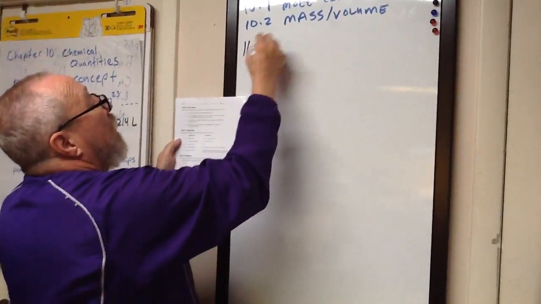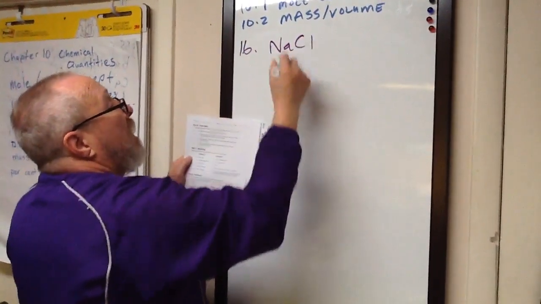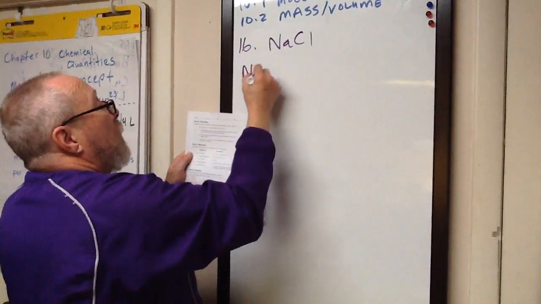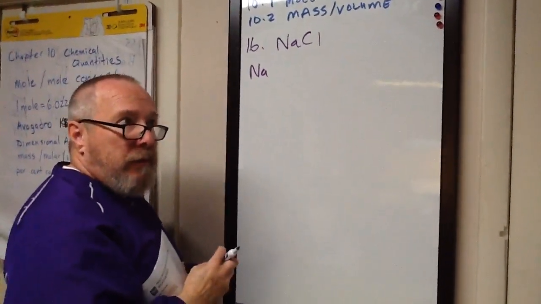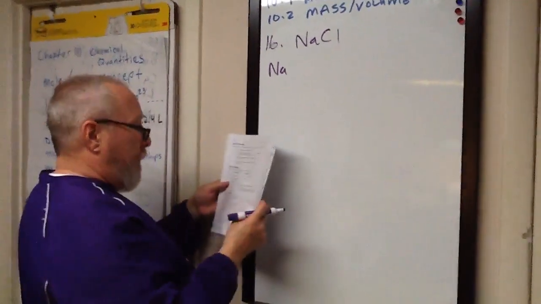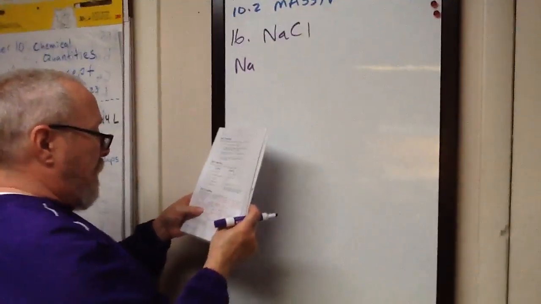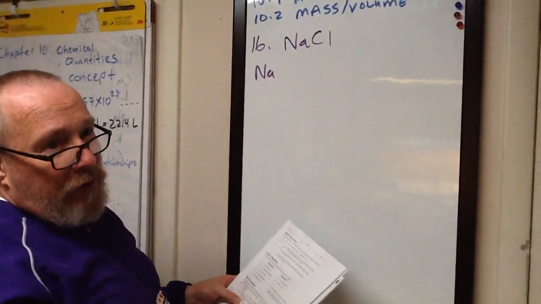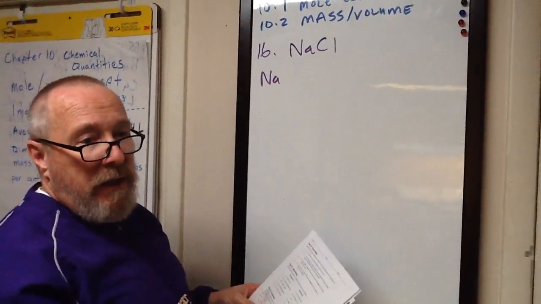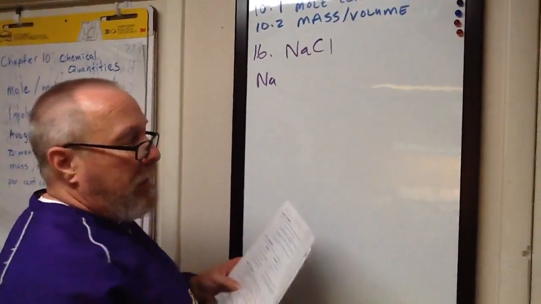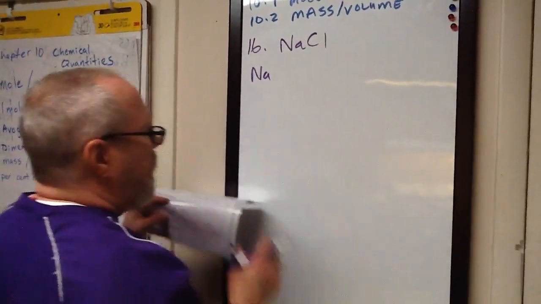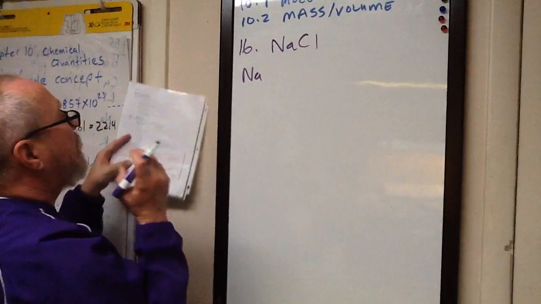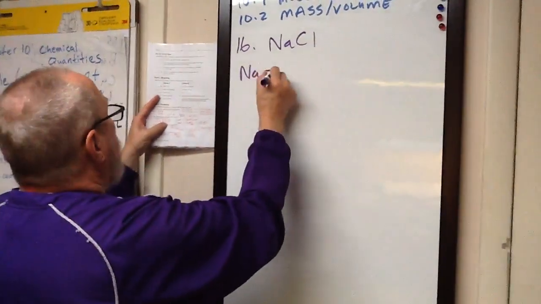And sodium chloride is NaCl, and the molar mass of sodium, I'm just looking up on my periodic table of the elements. Actually I didn't look there because I don't have one here, I looked in the inside cover of your book, and those numbers might be a little different because every year the numbers change a little bit as they perfect them and get more precise measurements.